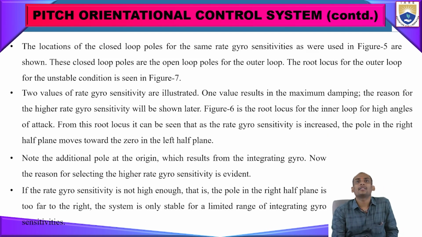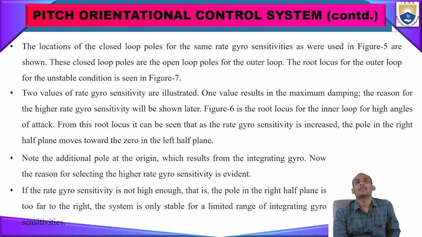The locations of the closed loop poles are shown for some rate gyro sensitivities used in figure 5. These closed loop poles are the open loop poles for the outer loop. The root locus for the outer loop for the unstable condition will be seen in the next figure.